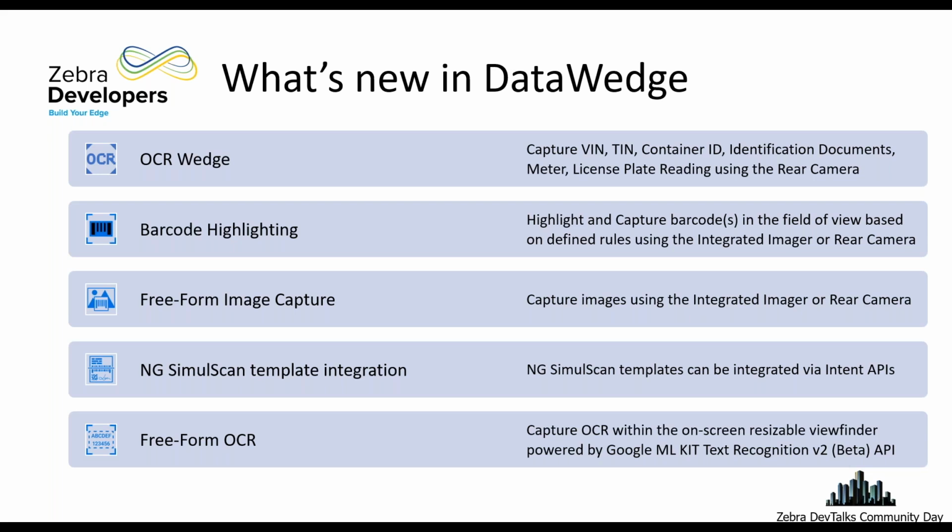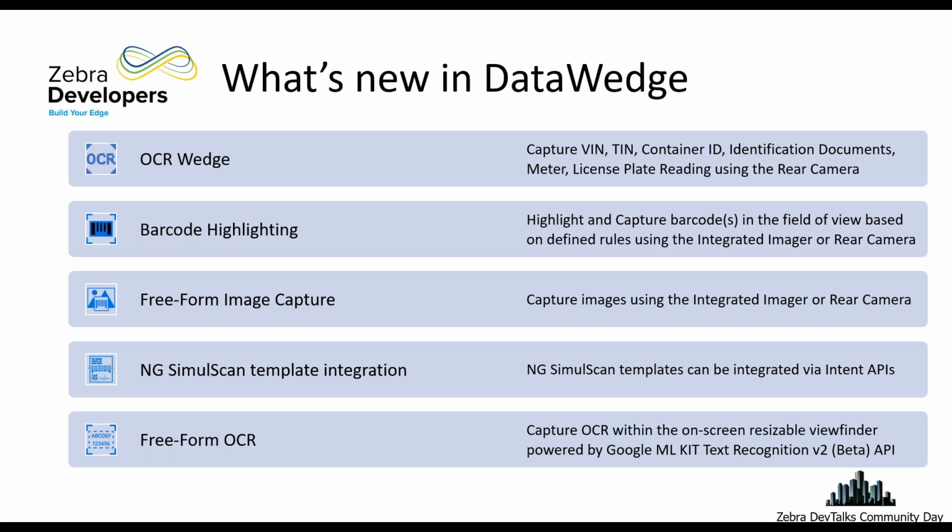NG SimulScan template integration. NG SimulScan is the previous version of document capture capabilities, where you can create your own template to capture specific documents based on your template, and then integrate into DataWedge to capture data into your application.